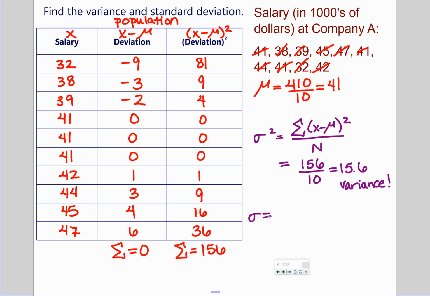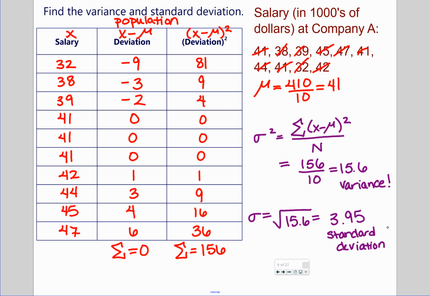Standard deviation is just that same symbol without the squared. So we're going to take the square root of our variance. Square root of 15.6, and I get 3.95 is the standard deviation.